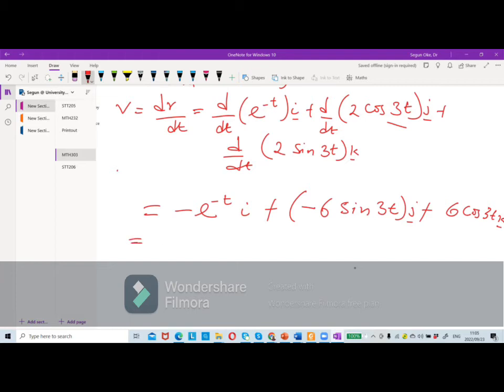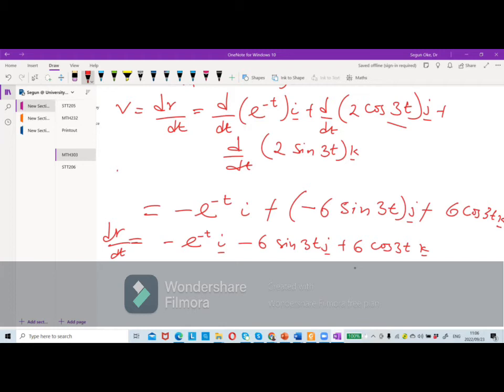So finally, we have negative exponential minus t i minus 6 sine 3t j plus 6 cos 3t k. So that is the dr/dt. The question says that is for velocity.